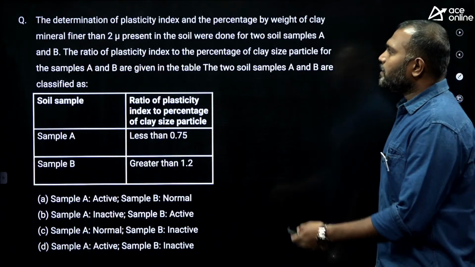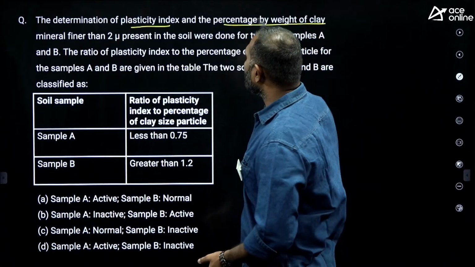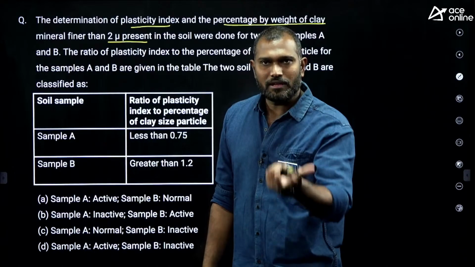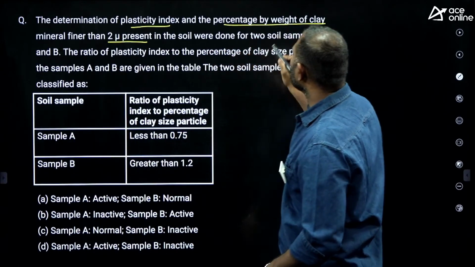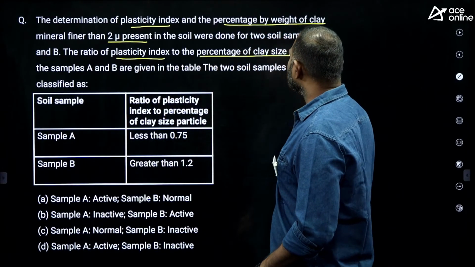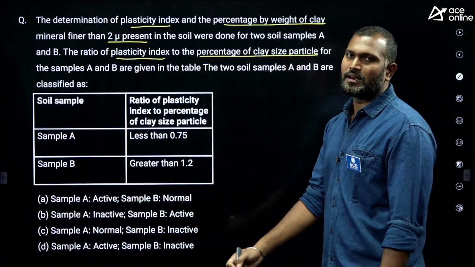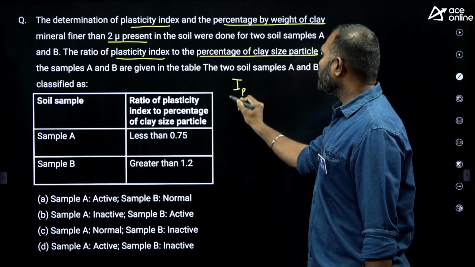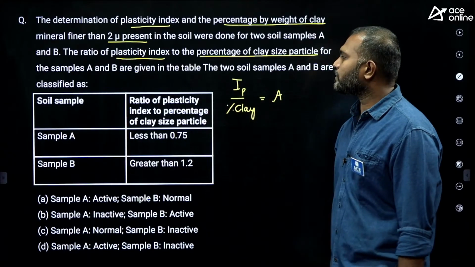Next, the determination of the plasticity index and the percentage by weight of clay finer than 2 micrometers. What is clay? The soil that is finer than 2 micrometers. These were determined for 2 soil samples, and the ratio of the plasticity index to the percentage of clay size is given. What is meant by the ratio of the plasticity index to the percentage clay? That is nothing but activity. They simply said IP by percentage clay, which is nothing but activity, given for both the samples.